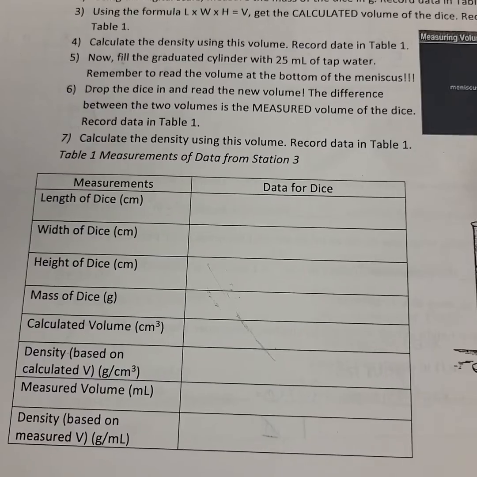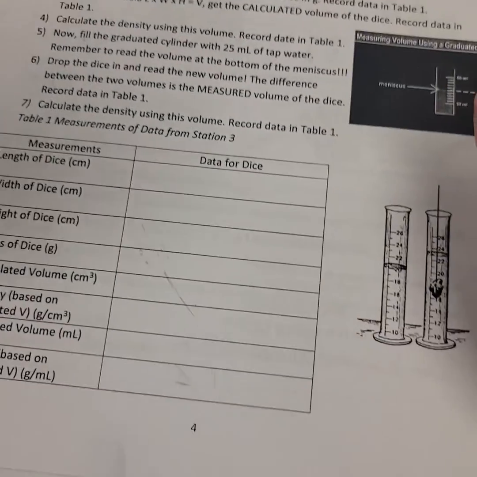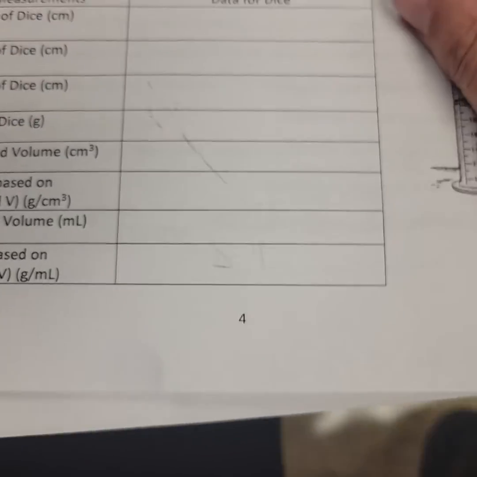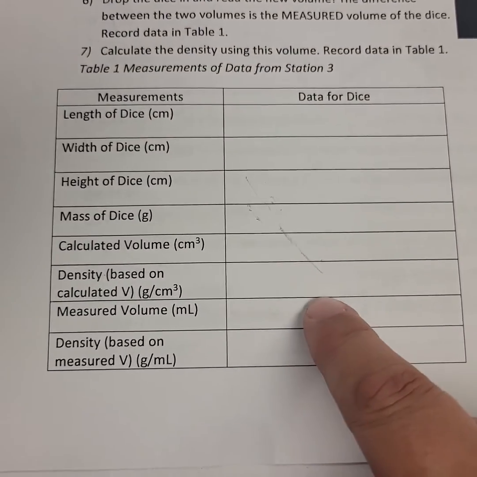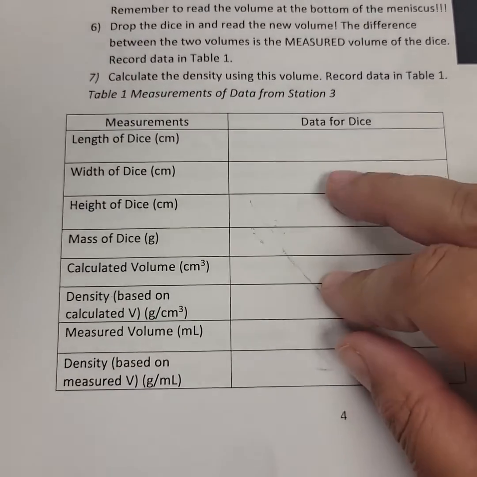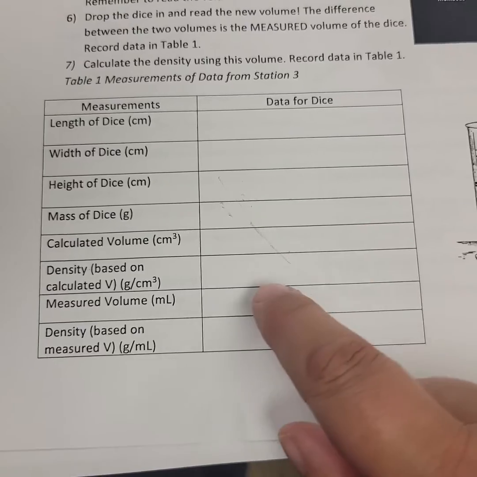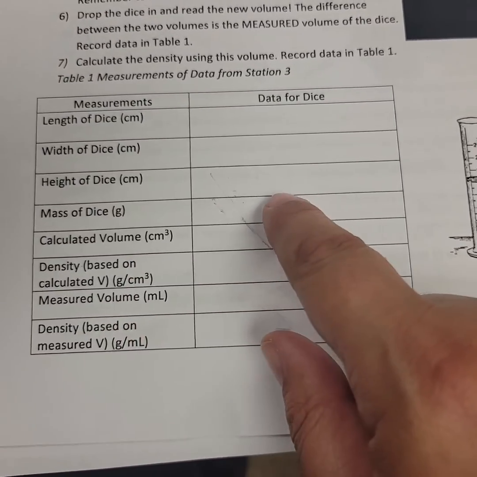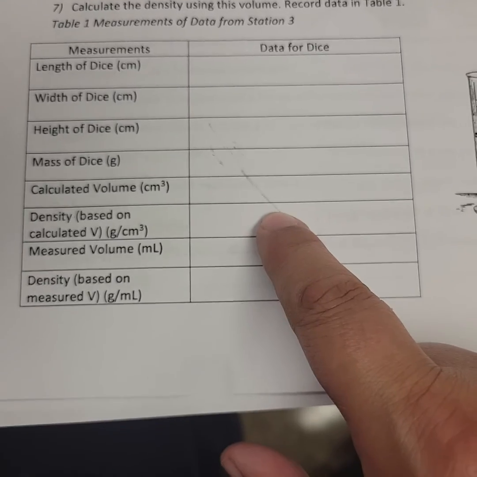All right, so then we're looking at mass over volume. Mass divided by volume gives us our calculated density. Sorry, you're first going to get the volume, length times width times height, and you're going to divide mass by volume. That's going to give you your calculated density.